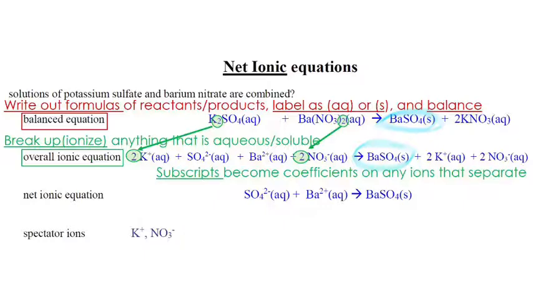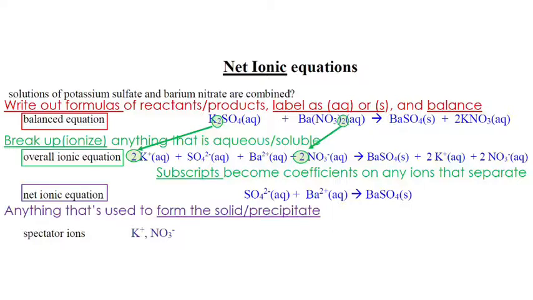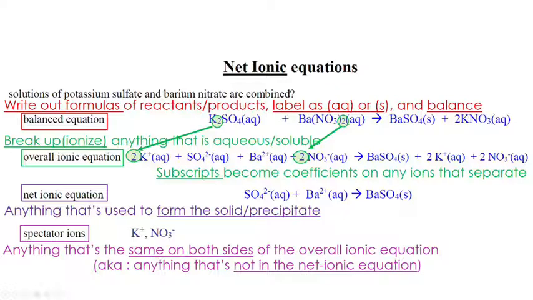Everything else did. Then, in order to actually form the net ionic equation, we're going to focus on that solid that's being formed and only keep the things that are used to make that solid. So we're taking our barium and our sulfate and forming that solid. All of that stuff comes into our net ionic equation, and everything else is basically going to come down into our spectator area.